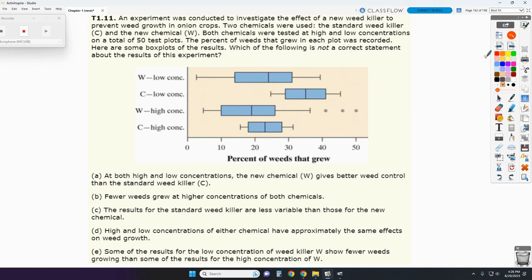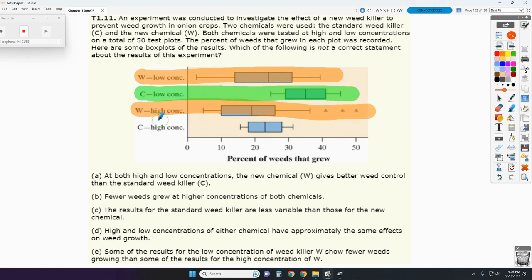that is not correct. All right, so A, at both the high and low concentrates, the new chemical W gives better weed control than the standard weed killer C. So do the two orange box plots look like they're shifted? Shifted which way?